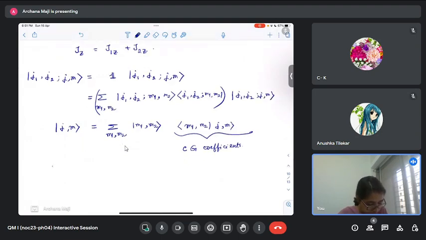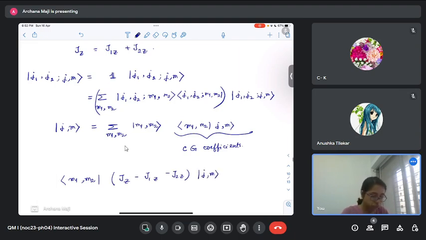So what we can do is take the expectation value of this operator Jz minus J1z minus J2z with respect to these two states.